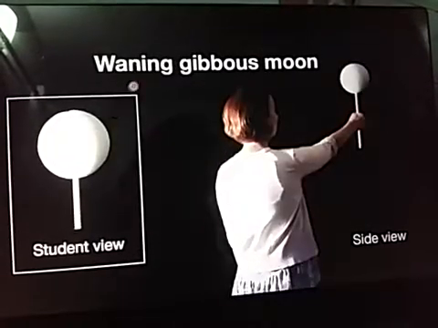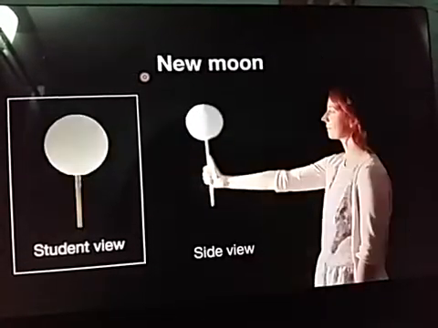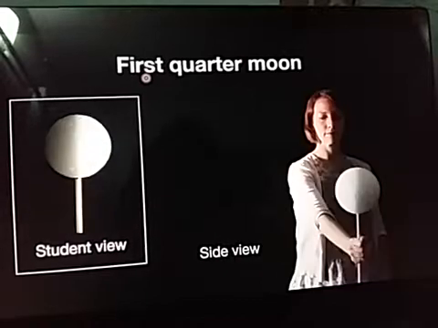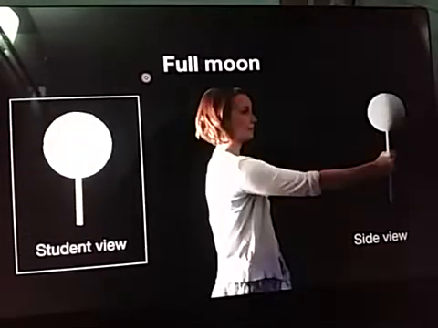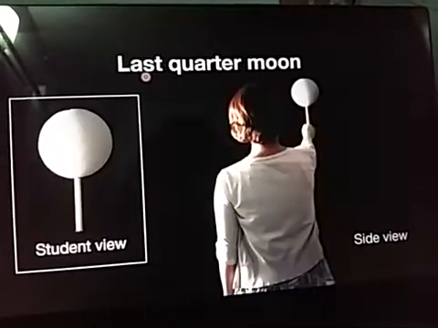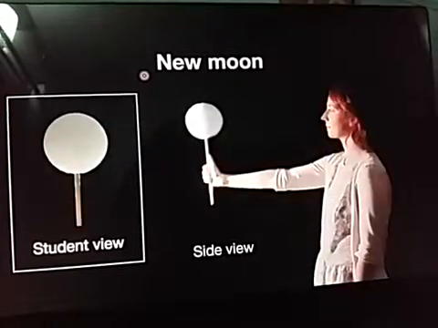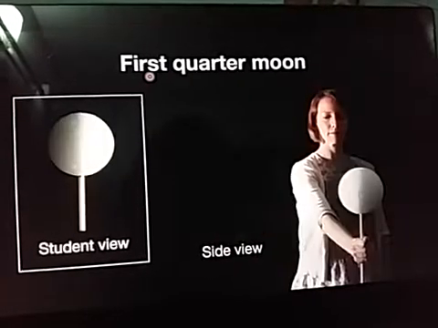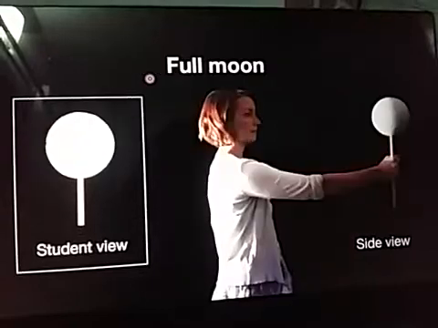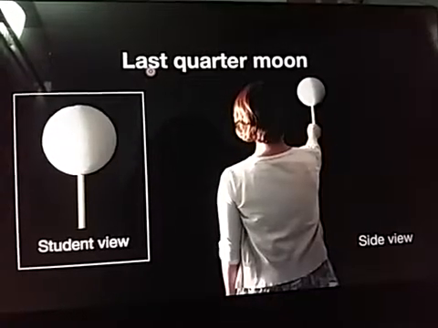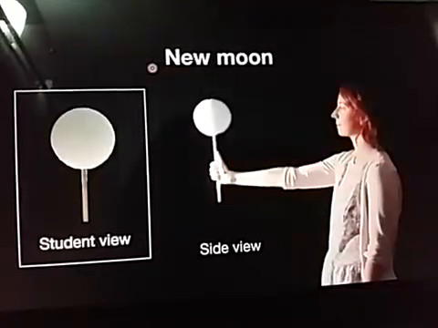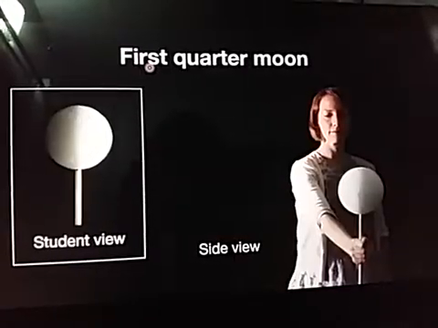Full moon, waning crescent, new moon, waxing crescent, first quarter, waxing, then again full moon. So it's a very interesting activity. Do it at home, and you will be able to appreciate the change in shapes of the moon. Okay.